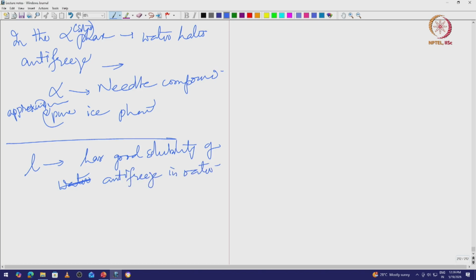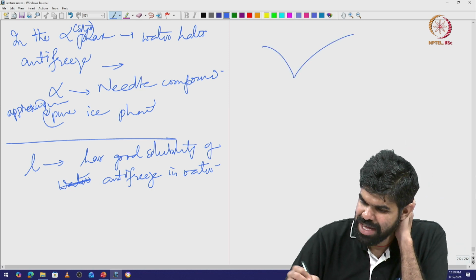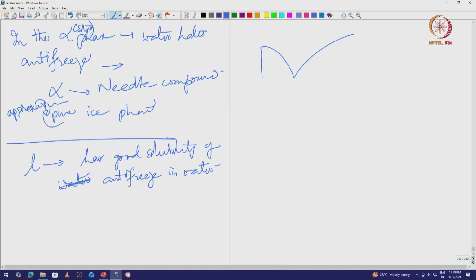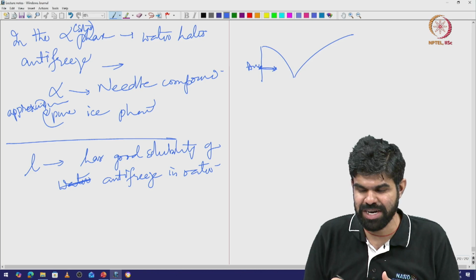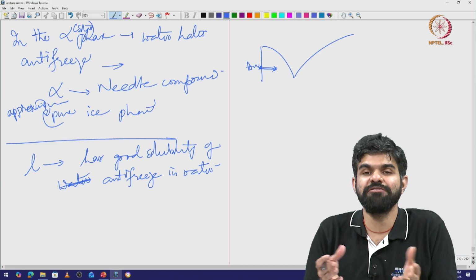So now you can see what we did earlier also, right. When we were looking at the gold silicon phase diagram, we said, all right, gold itself is solid, but as I keep on increasing the silicon, I can liquefy it, right. So that's what we are going to do. Even with antifreeze, as I keep on increasing the concentration of antifreeze, I am going to liquefy.